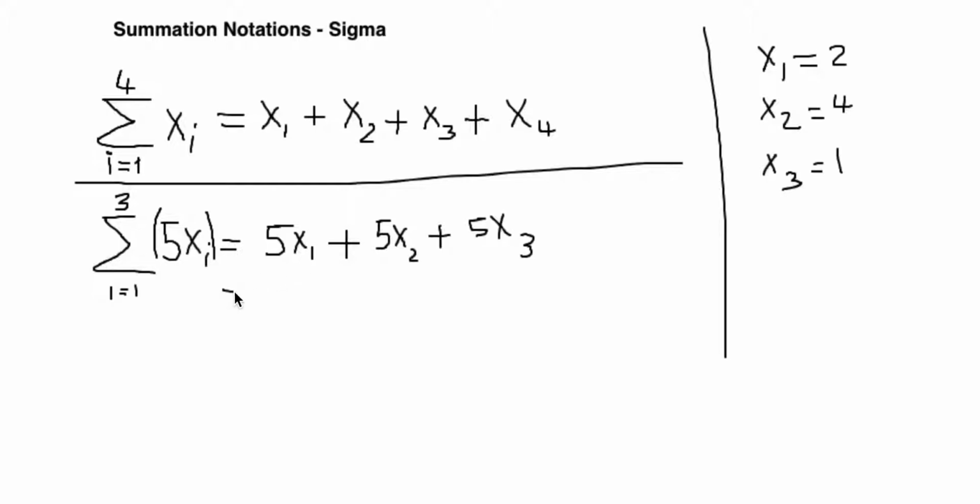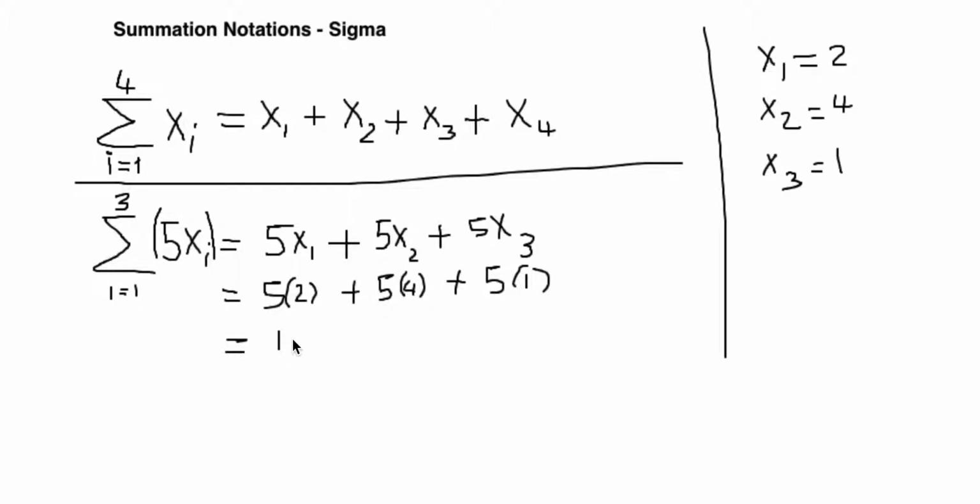So in our case, because the first number is 2, this will be 5 times the value of x sub 1, which is 2, right? And then plus 5 times x sub 2, which is 4, and then plus 5 times x sub 3, which is 1. And using our order of operations, before we do addition, we multiply.